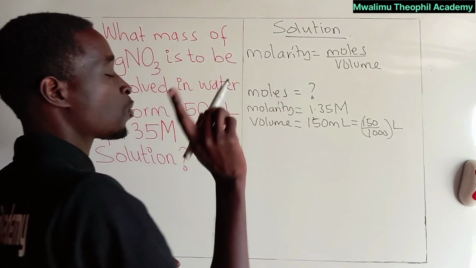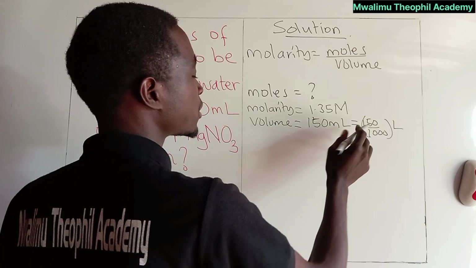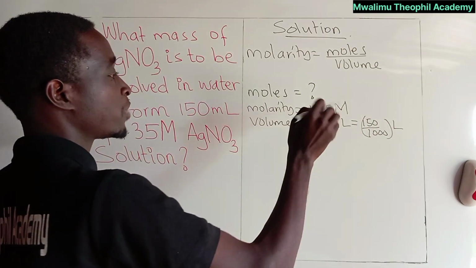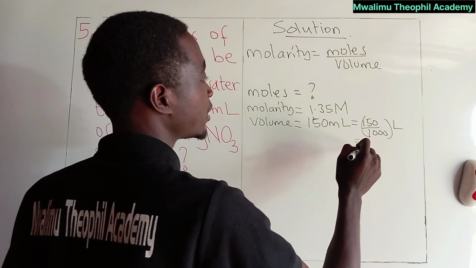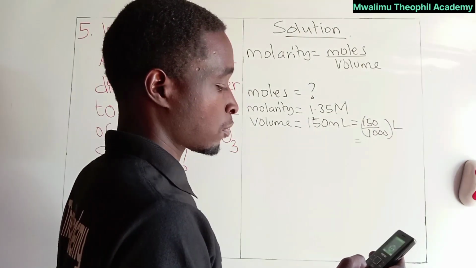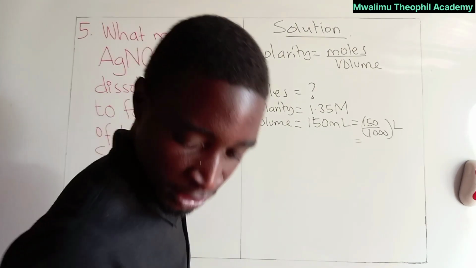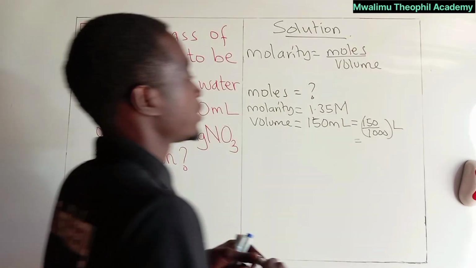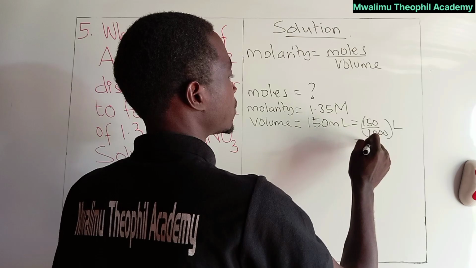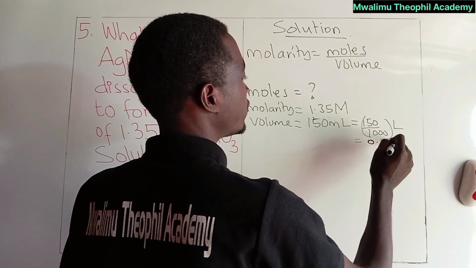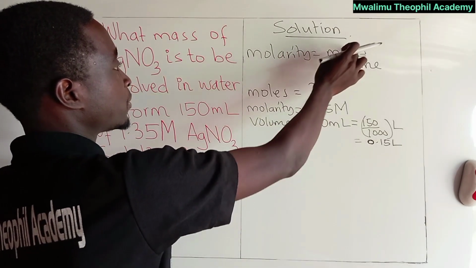As we have said that 1 liter is equal to 1000 milliliters, to get the amount of liters in 150 milliliters, we divide by 1000. When we divide 150 over 1000, we get 0.15. This is equal to 0.15 liters. So we have this volume and the molarity, but we don't have the number of moles.